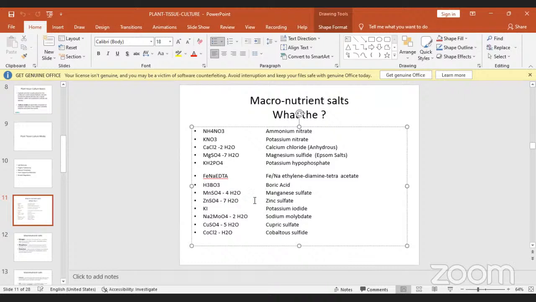ZnSO4 7H2O, zinc sulfate. Next, potassium iodide, KI. Next, sodium molybdate, Na2MoO4 2H2O. Cupric sulfate, CuSO4 5H2O. And next one is cobalt chloride, CoCl2 6H2O.